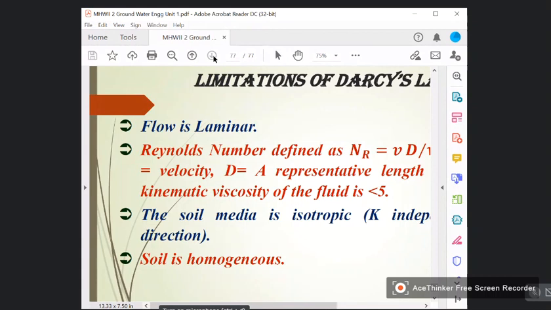So y is always less than r, so you will get y by r minus something, so always the parameter in the brackets was negative.